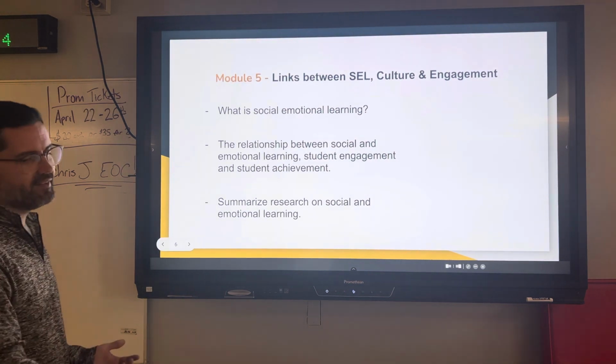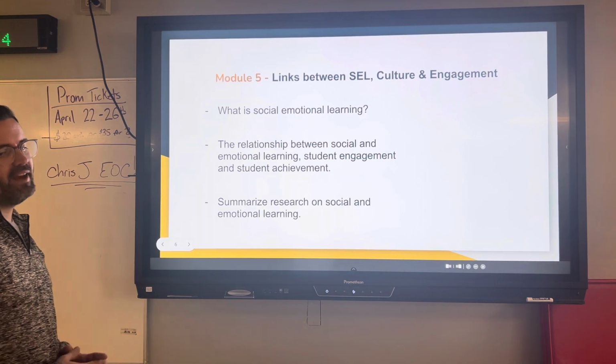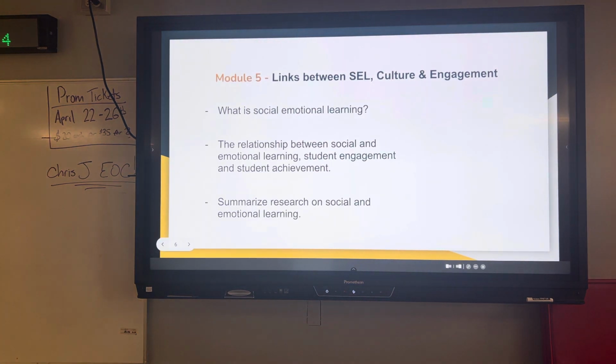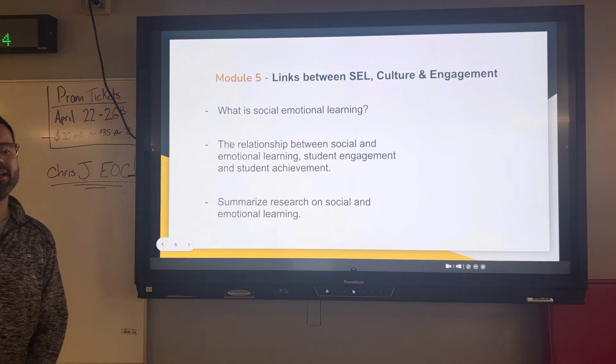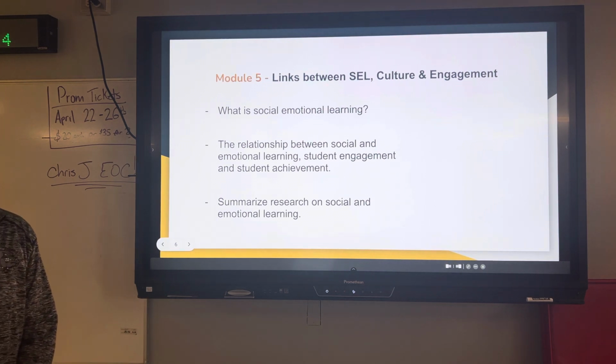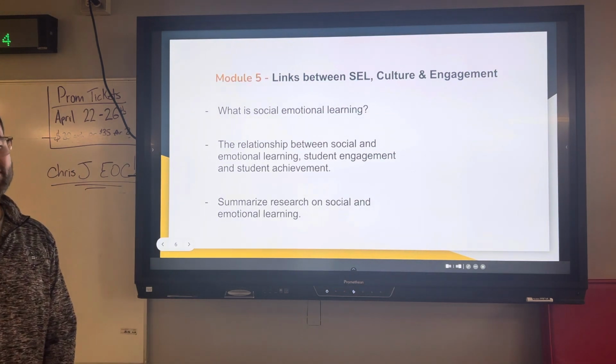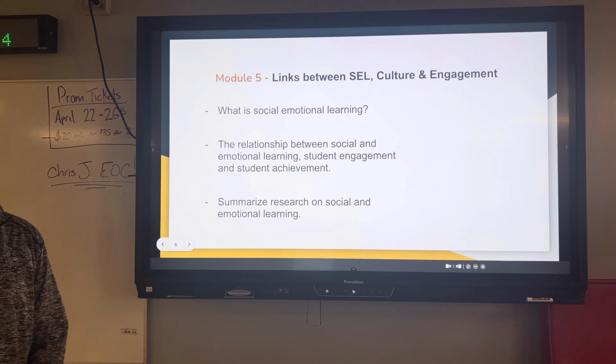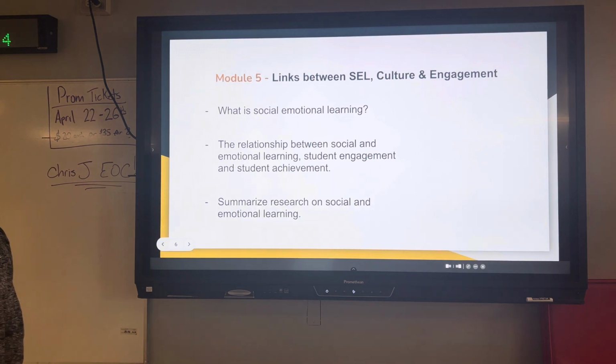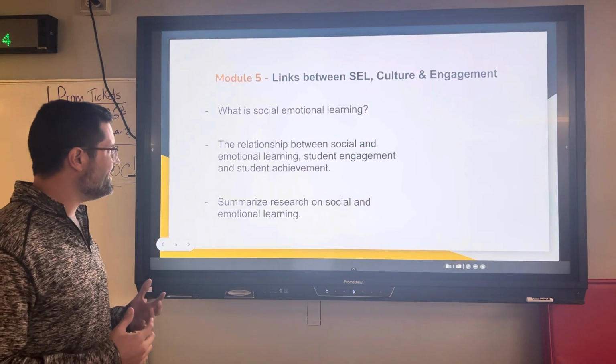Module 5, links between SEL, which is social and emotional learning, culture and engagement. So what is social and emotional learning? That is the process in which individuals develop the skills to understand and manage emotions, set and achieve positive goals, demonstrate empathy for others, establish and maintain positive relationships, and make responsible decisions.